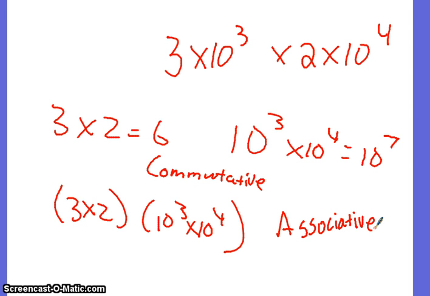Commutative lets us move the order around. Associative property lets us do the order in a specific way by adding parentheses. But what do we end up with as an answer? 6 times 10 to the 7th power. Do I have to do anything else to it? No, because my decimal is behind the 6, even though it's not drawn.